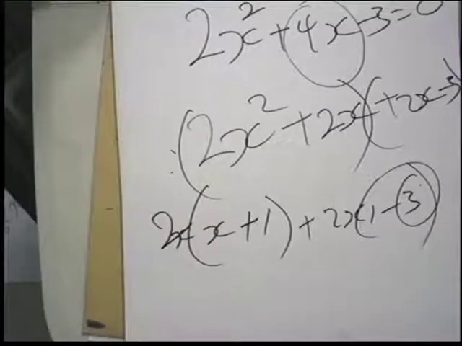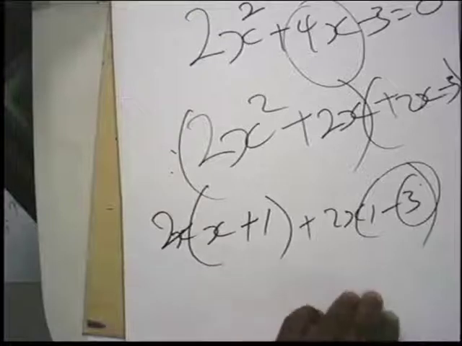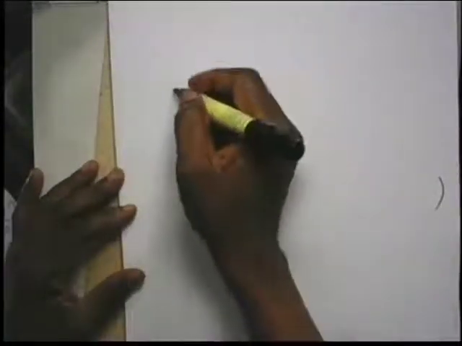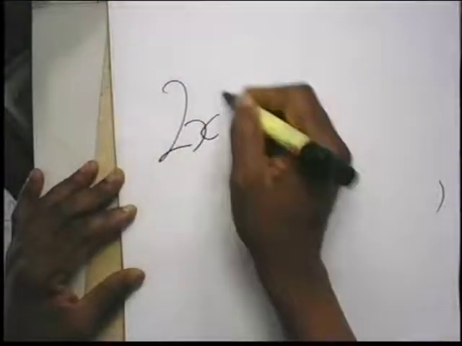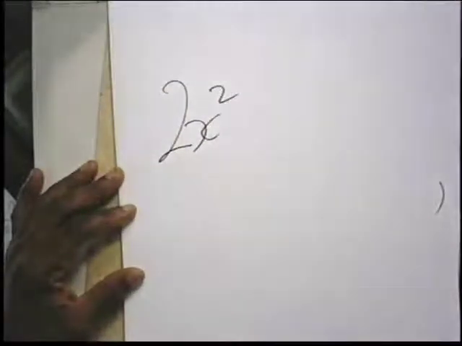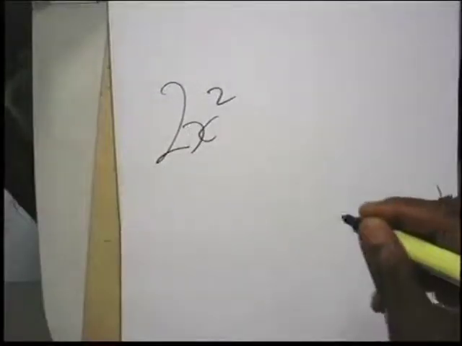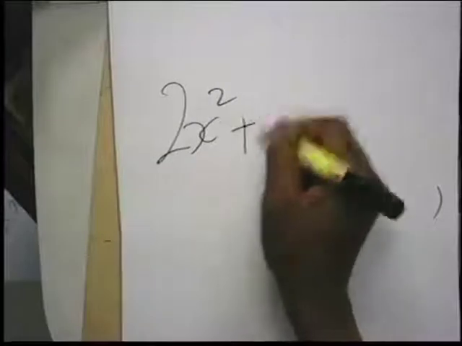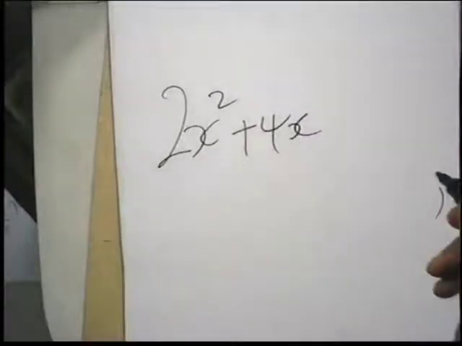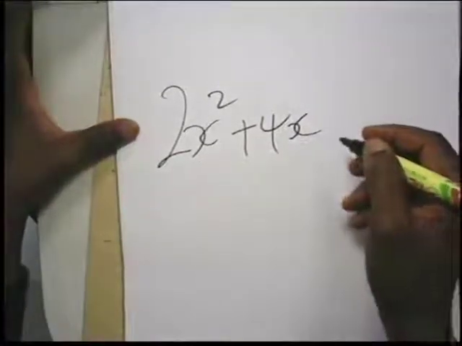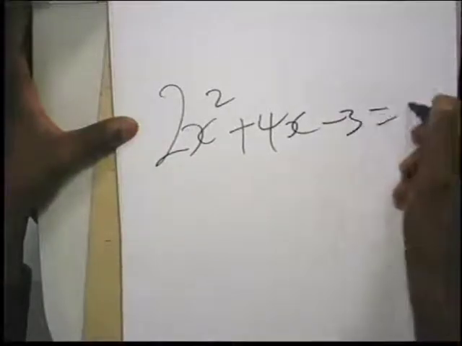So in that wise, that is why the question says, by the method of completing the square. So you will now make it in this way to be easier for you. You can make it: 2s squared plus 4s minus 3 equals 0.